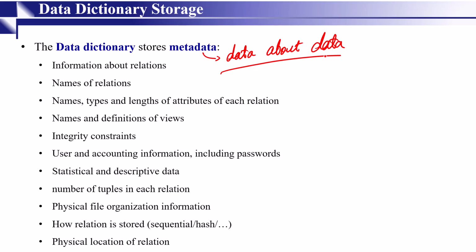Also, this dictionary may track user information, statistics like tuple count, and physical details such as whether a relation is stored sequentially or hashed and its location on disk, and many other pieces of information can be stored in a dictionary.